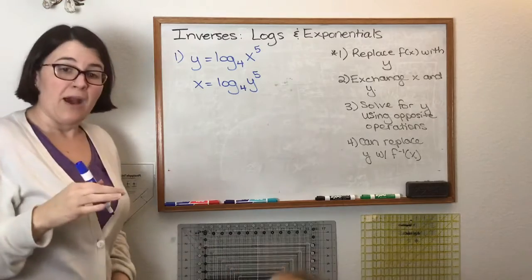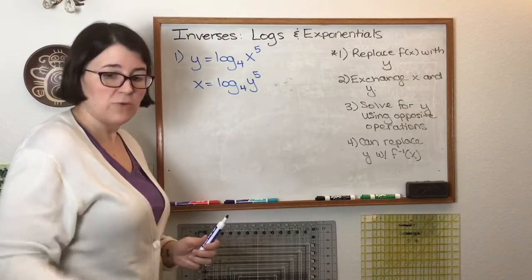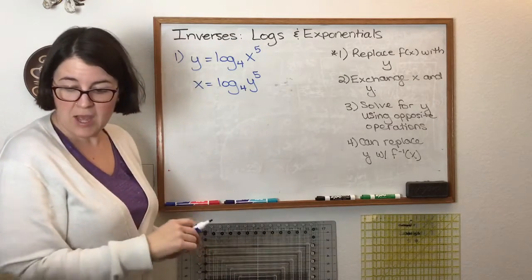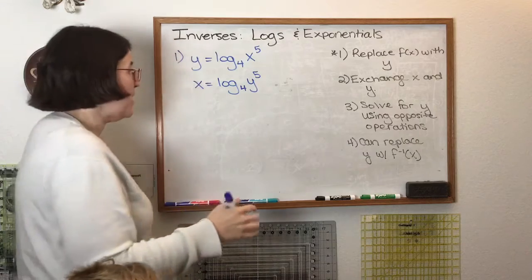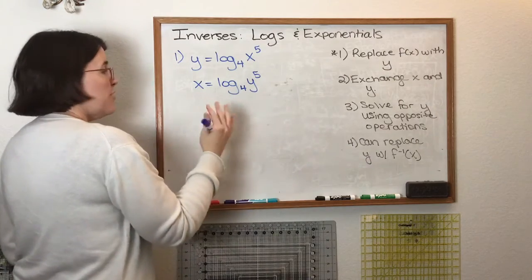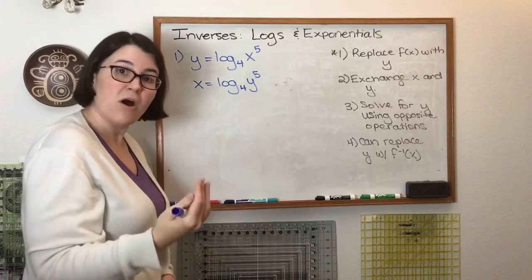Okay, now generally you're looking for anything algebraic that you would need to move. So if there was addition happening, if there was subtraction happening, if there was multiplication happening, if there was division happening, we would want to deal with that. At this point, though, the only thing that's happening is this log. So the opposite of a log is an exponential.